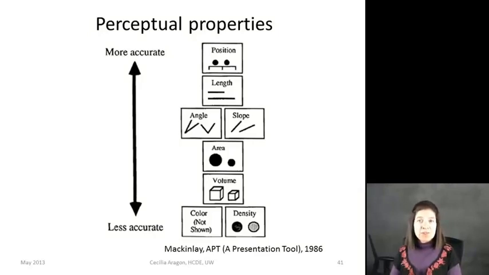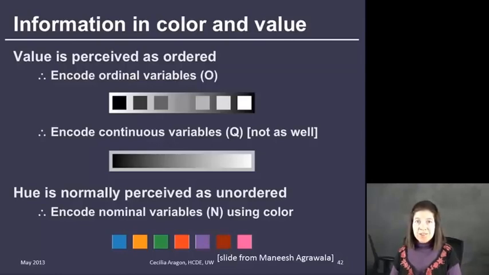Humans can detect differences in position most accurately, then length, then angle and slope, then area, then volume, and least of all, color and density. So when you're assigning these attributes to your data, make sure to choose position for your most important quantitative data and save color and density for nominal data. A final note on color.